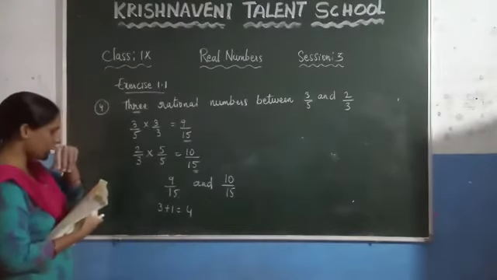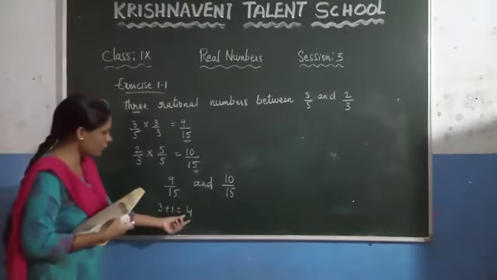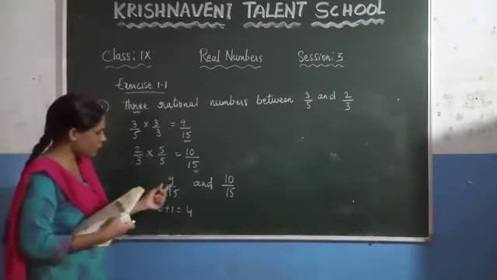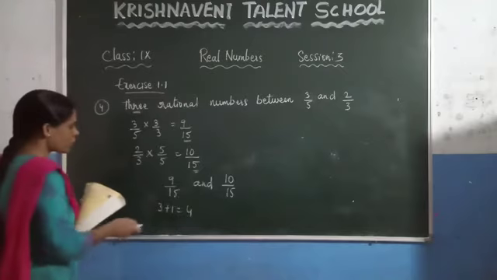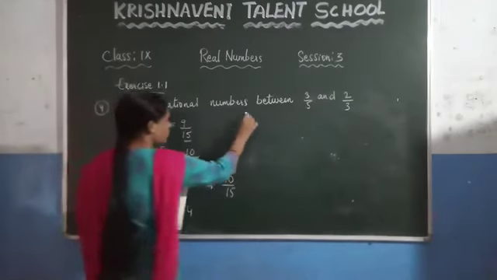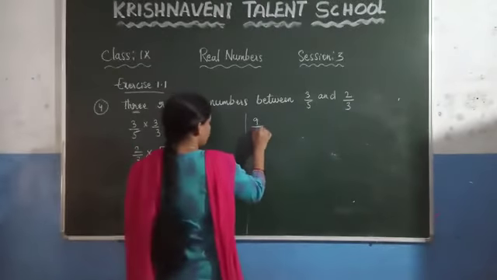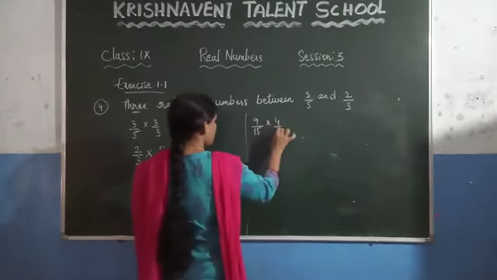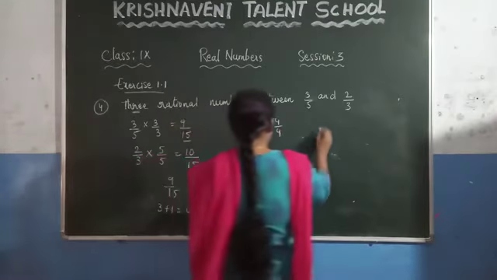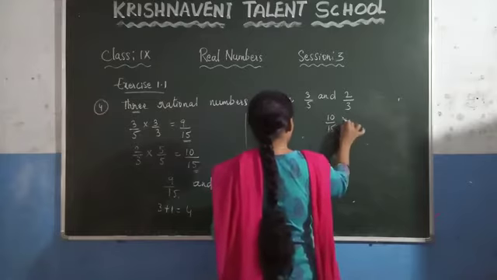Now what we have to do here, you have to multiply and divide both of these numbers. So what you get here, 9 by 15 into 4 by 4. Here also 10 by 15 into 4 by 4.